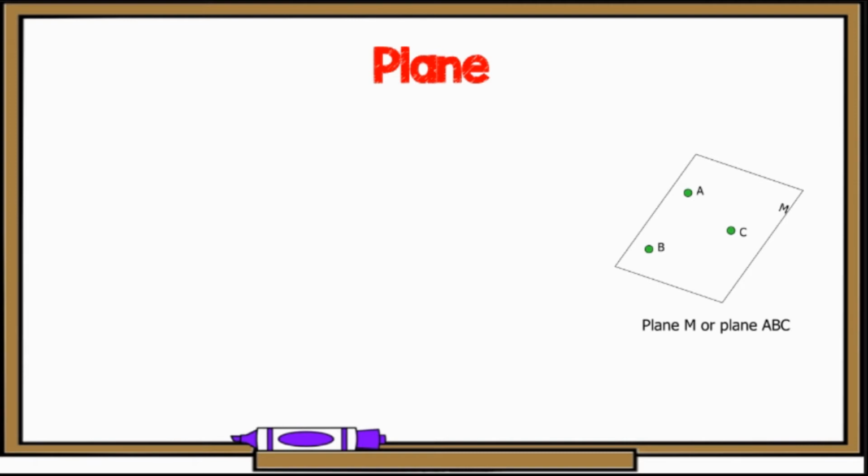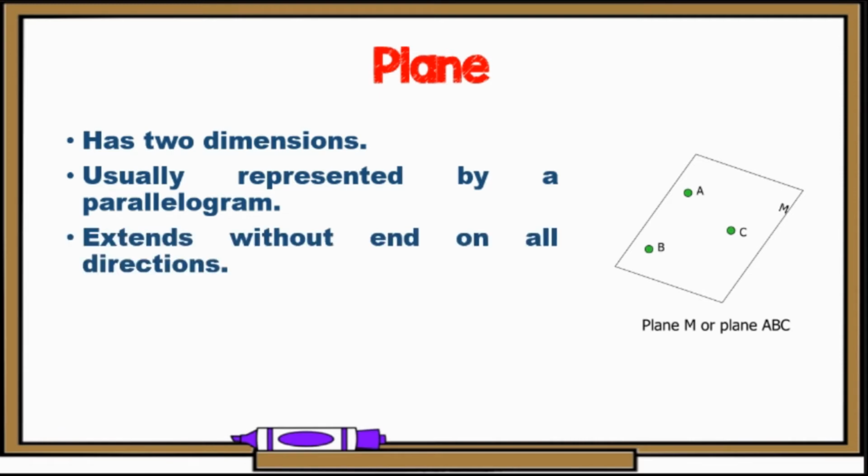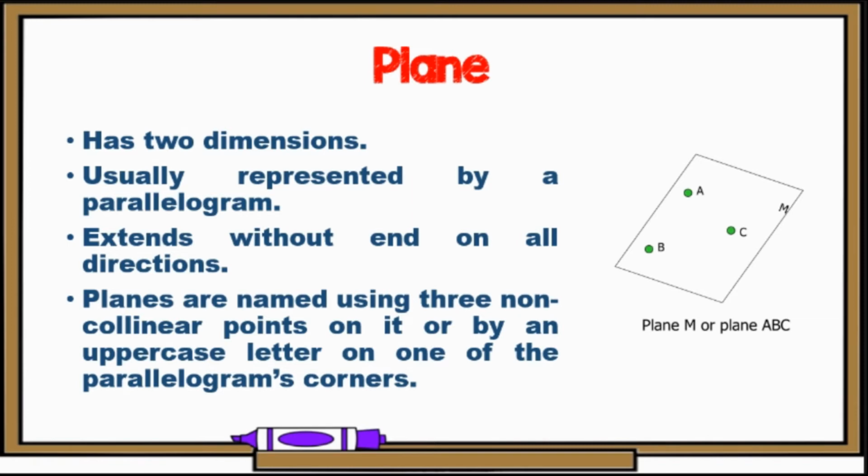Now let's discuss planes. A plane has 2 dimensions. It is usually represented by a parallelogram, and it extends without end on all directions. Planes are named using 3 non-collinear points on it or by an uppercase letter on one of the parallelogram's corners.